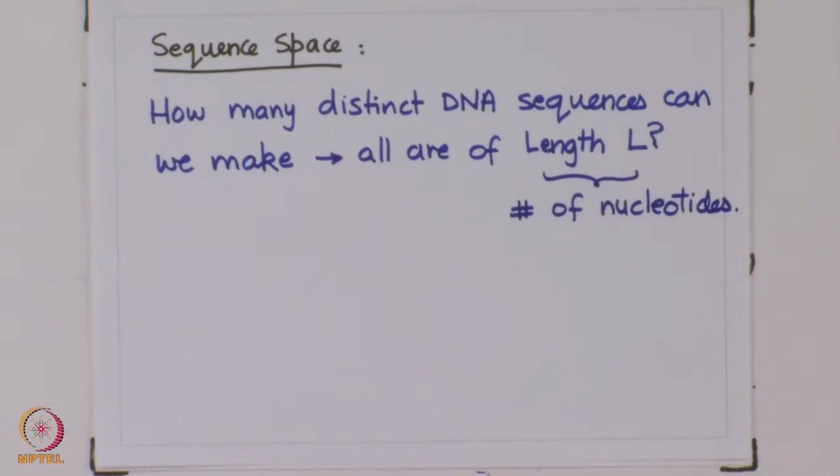What we are interested in is how many distinct sequences can we make, and these are linear pieces of DNA, and each piece of DNA is comprised of L nucleotides. I suggest that you pause the video for a minute or so, think about this problem and try and come up with an answer.